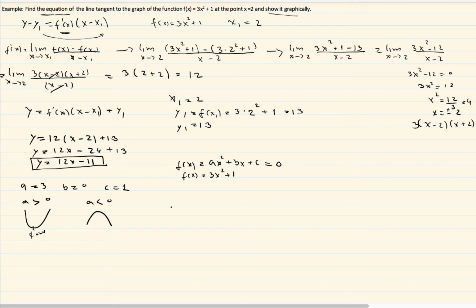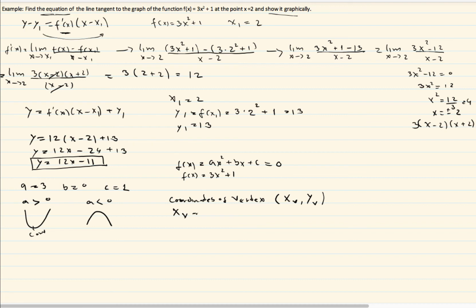To find the coordinates of the vertex, they express it as x vertex, y vertex. So to find x vertex, which is the x coordinate of the vertex, and y vertex, the y coordinate, we have these formulas.